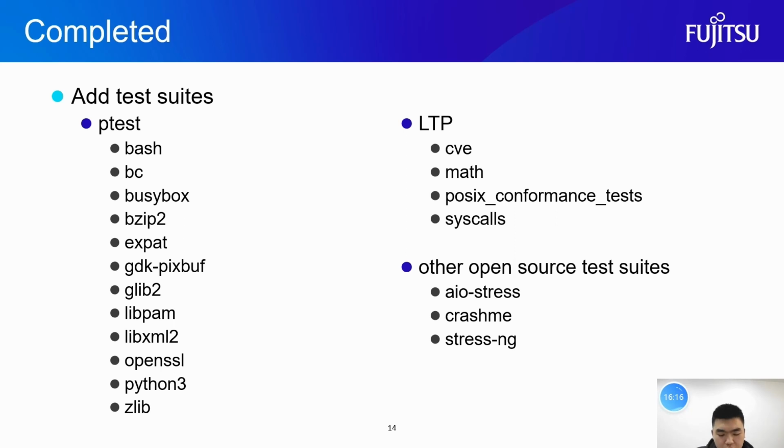The second type is tests from LTP, and there are many types of them. We have supported CVE testing, mass testing, POSIX conformance testing, and system call testing. The third type is some third-party open source tests, such as AIO stress, CrashMe, StressNG, and many other things.